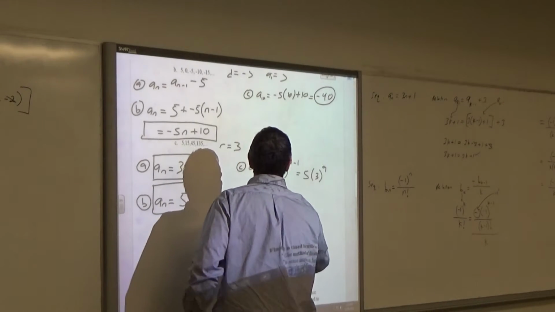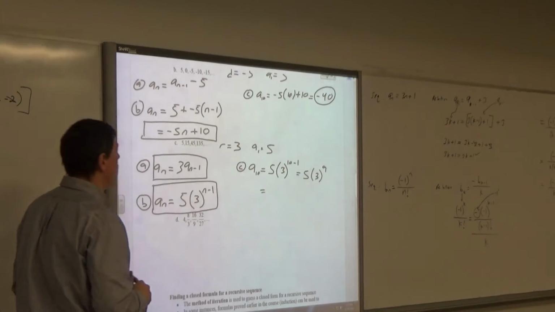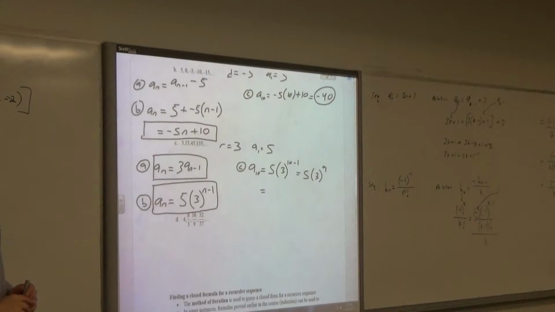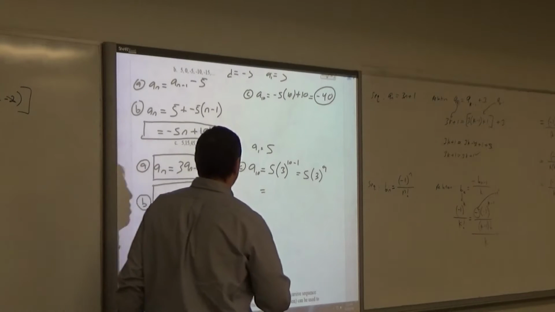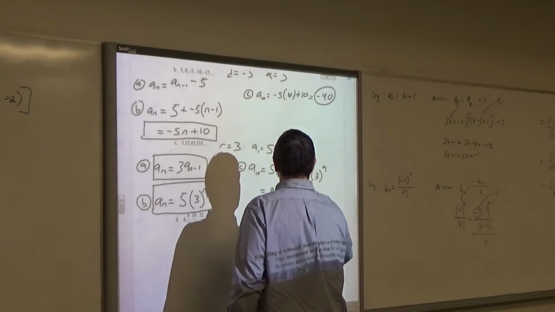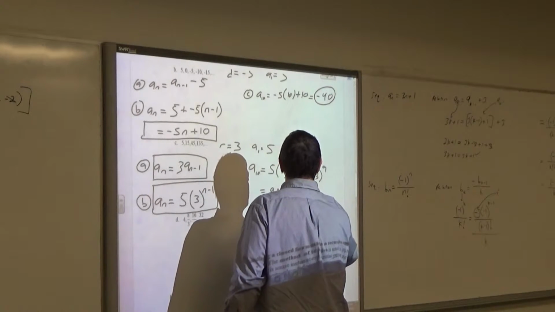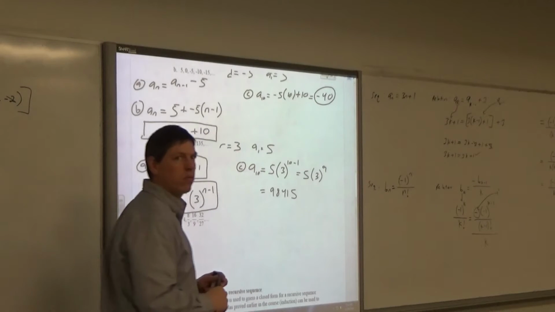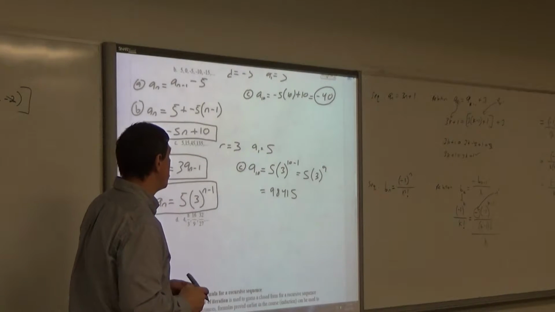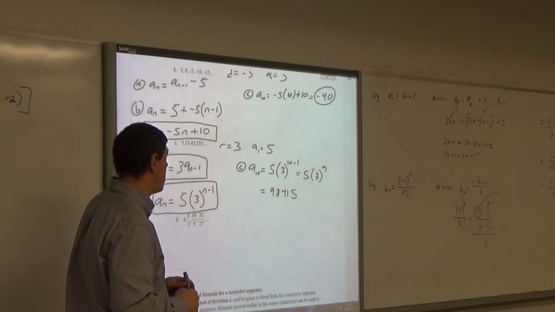I don't even know if your calculator will give you a number for this that's not in scientific notation. If it does, let me know. If not, 98415. Was it 98415? Okay, that's not as ugly as I thought. Why did I think it was going to be really ugly? That's 3 to the power 9, that's not that much.